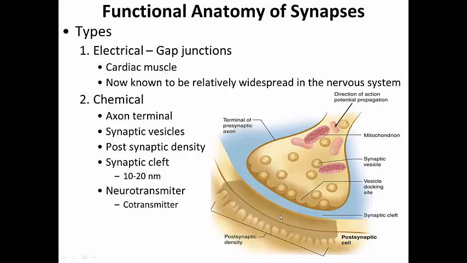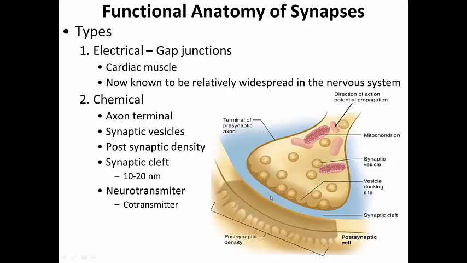If we look at the postsynaptic cell, we have this area referred to as the postsynaptic density, where we have a high concentration of neurotransmitter receptors that are found on this particular cell. The synaptic cleft is the name that's given to this physical space that is present between the presynaptic axon terminal and the postsynaptic density here on the postsynaptic cell.